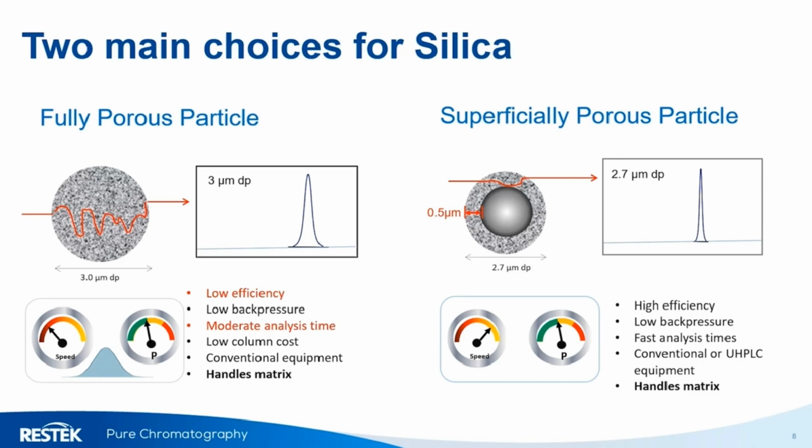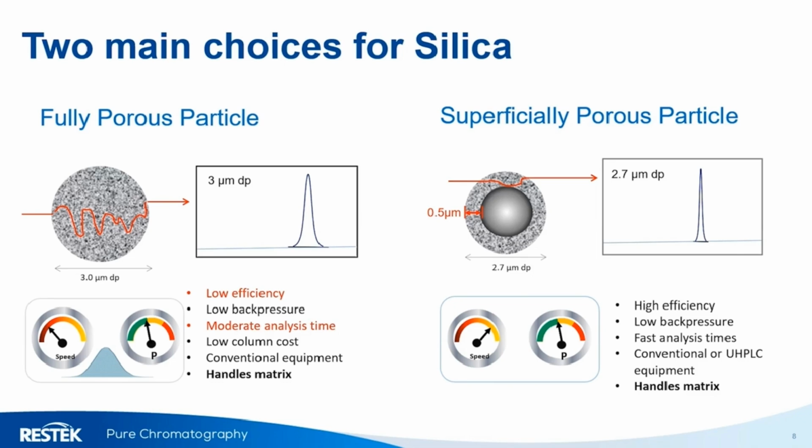And looking at a 3 micron fully porous particle, you can see it has to travel through that entire particle versus just going through the shell. In the 2.7 micron particle, that shell is about a half a micron thick, so the diffusion path through it is fairly equivalent to a much smaller particle, even though the size is very similar to a 3 micron particle.